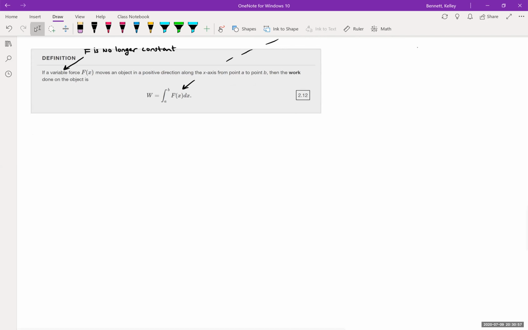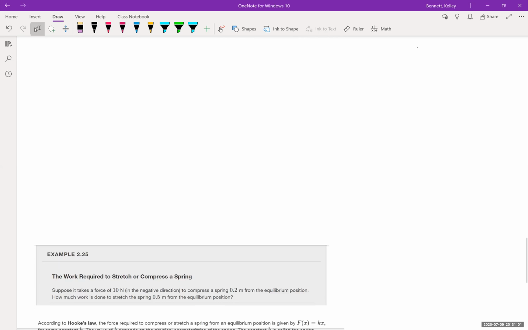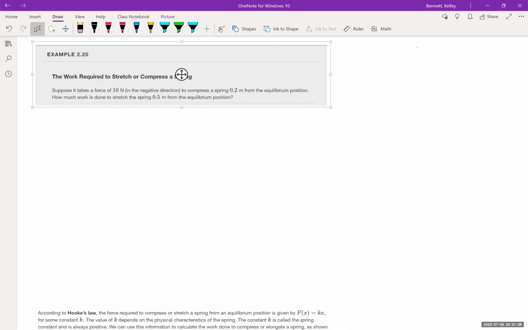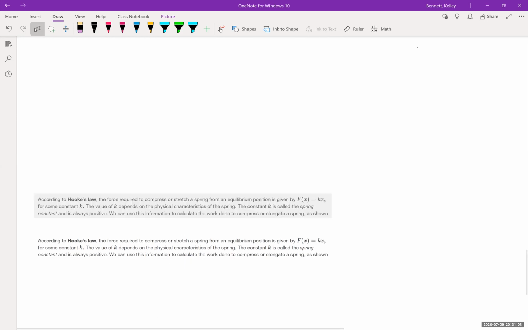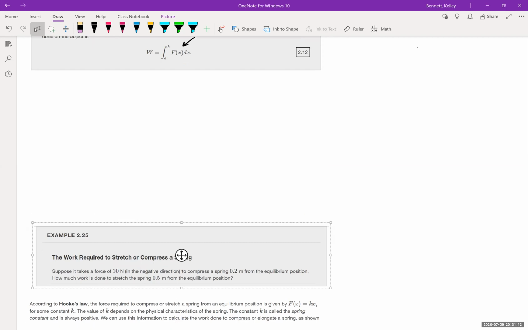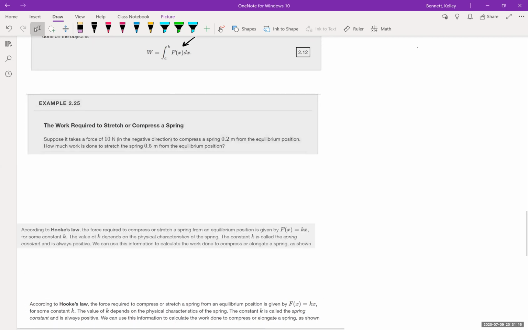Let's do an example with work. We're going to bring another element into the fold that you may be familiar with if you've already taken physics, and that element is Hooke's law.